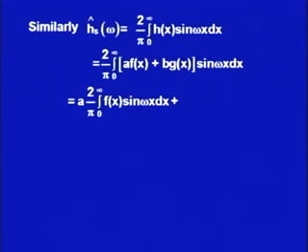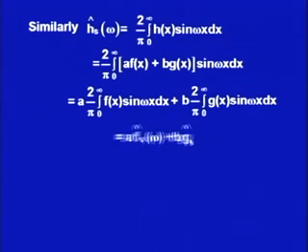One is a times 2 upon pi integral 0 to infinity f(x) sin(omega x) dx, another is b times 2 upon pi integral 0 to infinity g(x) sin(omega x). The first integral is the Fourier sine transform of the function f and the second integral is the Fourier sine transform of g. So, what we have got is a times the Fourier sine transform of f, that is f_s hat(omega), plus b times g_s hat(omega).